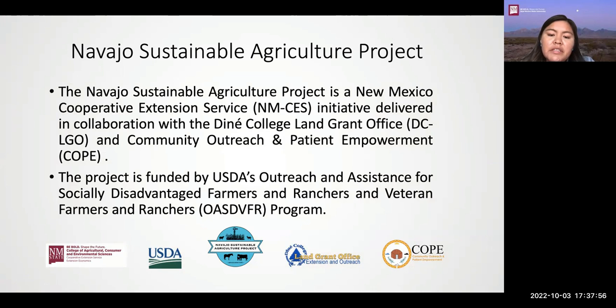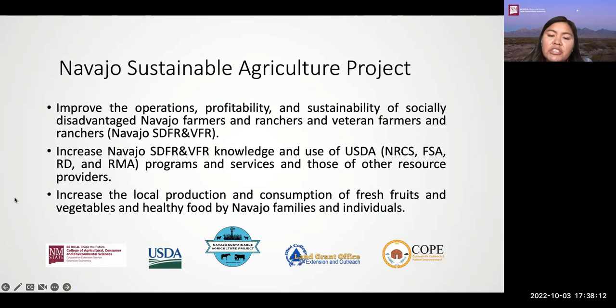Our project is funded by the USDA Outreach and Assistance for Socially Disadvantaged Farmers and Ranchers and Veteran Farmers and Ranchers program, which abbreviates to OASDVFR. In our project, we improve the operations, profitability, and sustainability of socially disadvantaged Navajo farmers and ranchers and veteran farmers and ranchers. We also encourage our producers to increase their knowledge in the use of USDA programs, and those USDA programs include NRCS, FSA, RD, and RMA, and services, and those of other research providers.